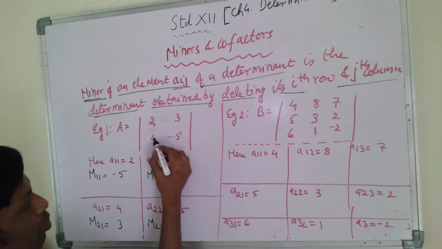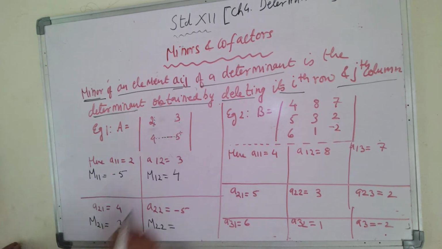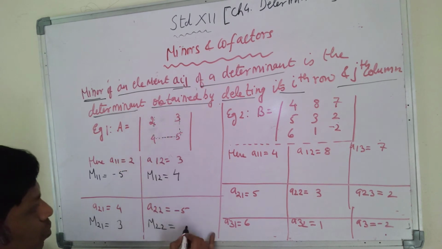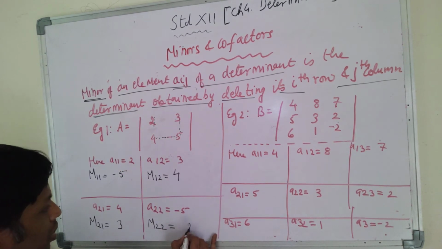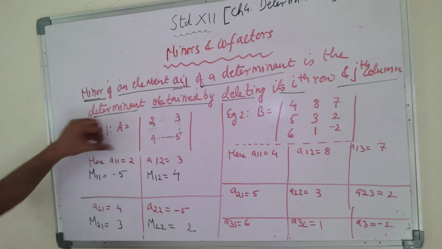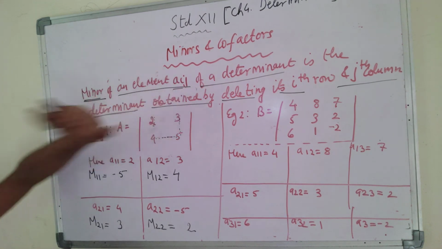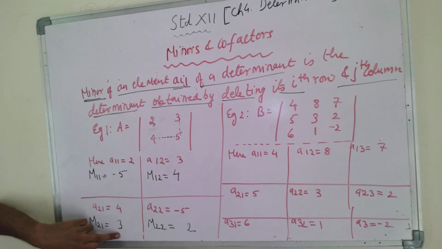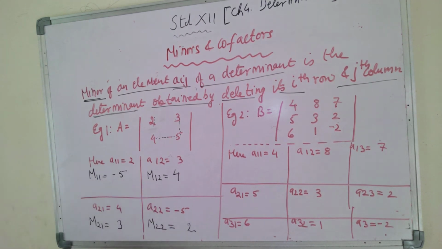Minus 5 is present in the second row and second column. Hide that. What are you left with? 2. So the minor of the element 2 is minus 5, the minor of the element 3 is 4, the minor of the element 4 is 3, and the minor of the element minus 5 is 2.